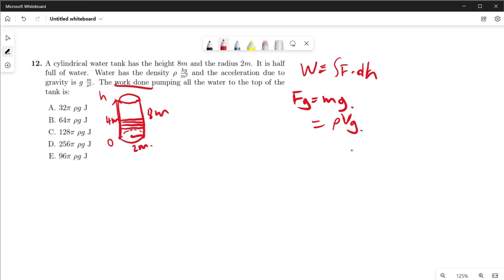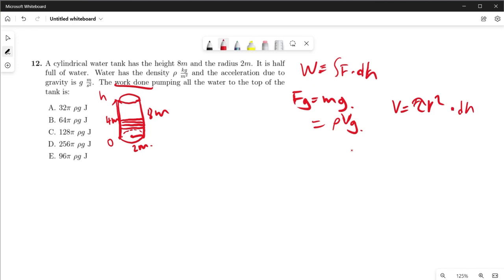So in that case, the volume we want would just be the singular layer of volume, and that volume would be pi r squared, which is just the area of the circle, times the height of that circle, which would just be dh. We want to use an integral and divide this into really small layers, so that dh will suffice here.